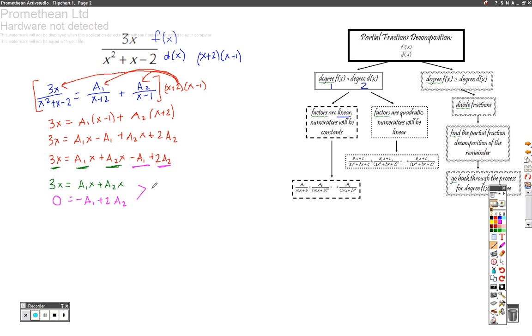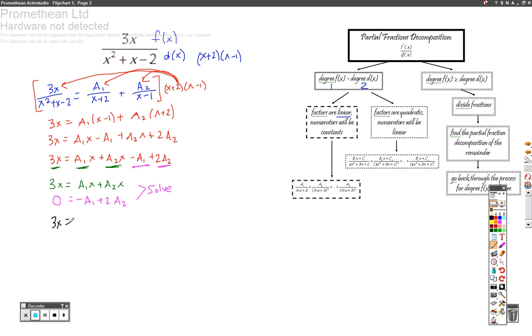Now we have to solve the system. In order to solve, I'm going to leave the a's the way they are. So here we go. I'm going to do the 3x.